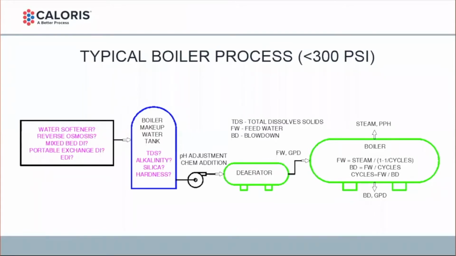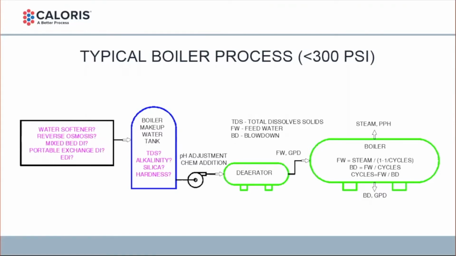And I'm probably missing a few. And what this equipment is going to do is reduce the total dissolved solids. You're going to have a certain alkalinity, a certain silica, a certain hardness, among other minerals.